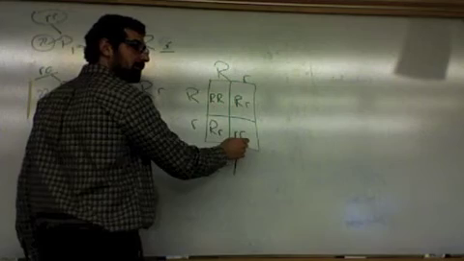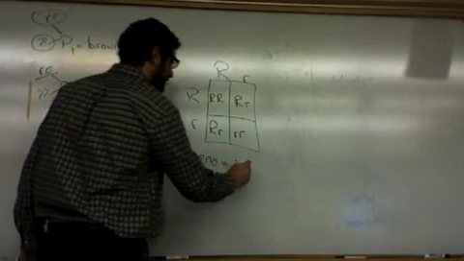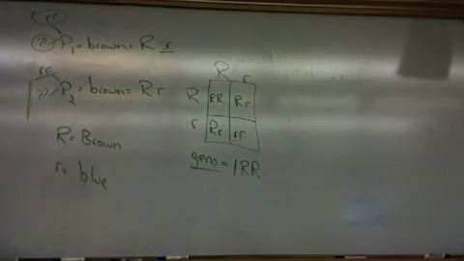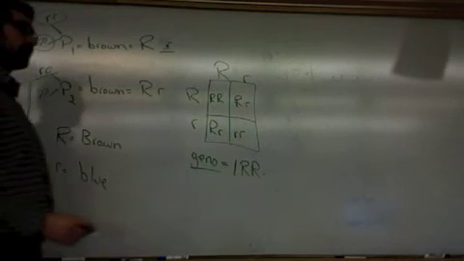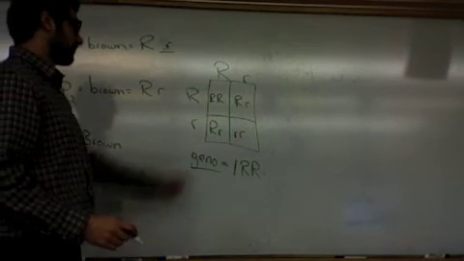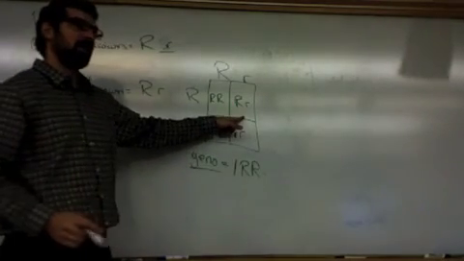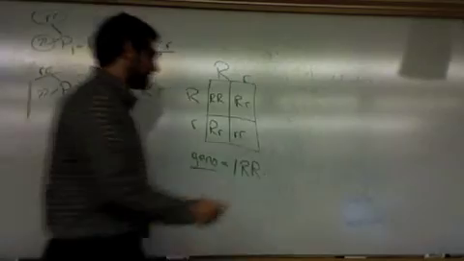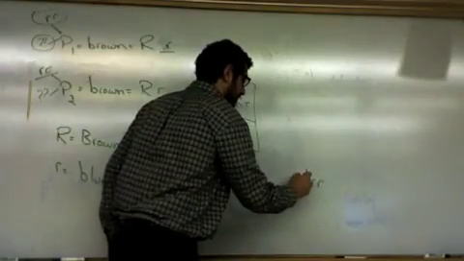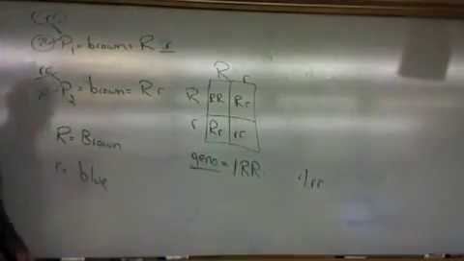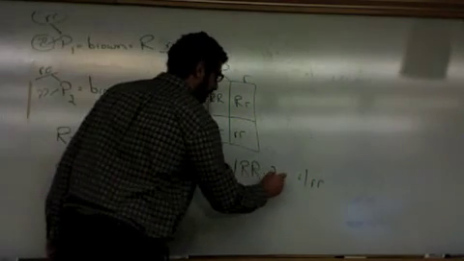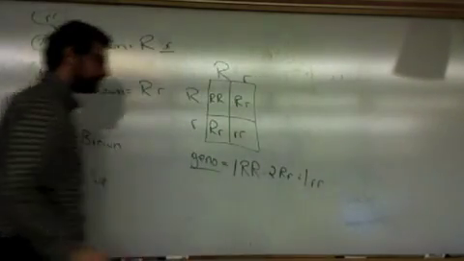Dominant or recessive? Homozygous dominant. And then one homozygous recessive. That's just the way I do it, I put it at the end. And what's the other ones? Heterozygous. How many? 2 heterozygous.